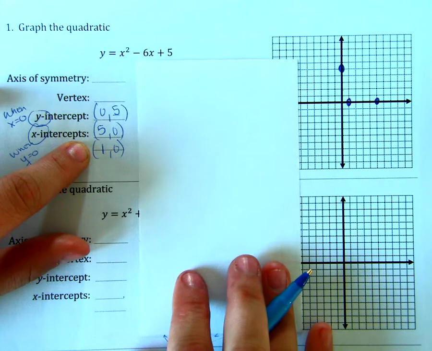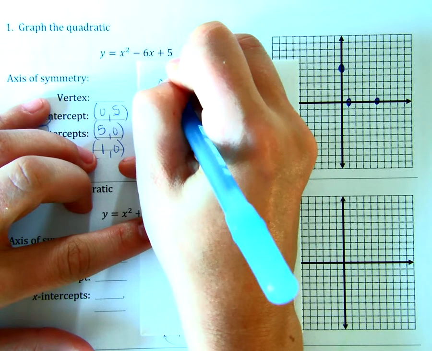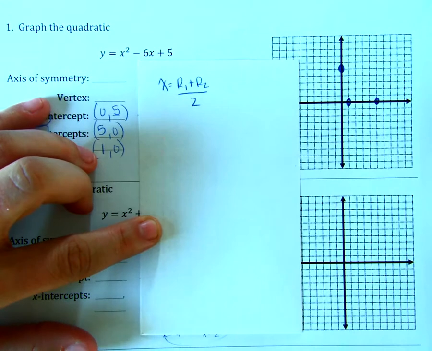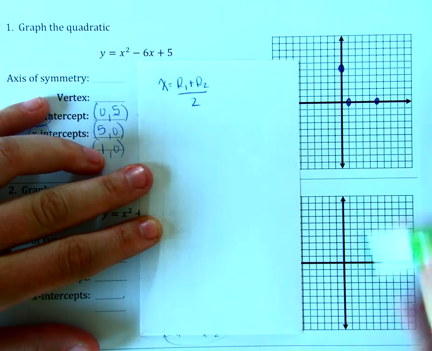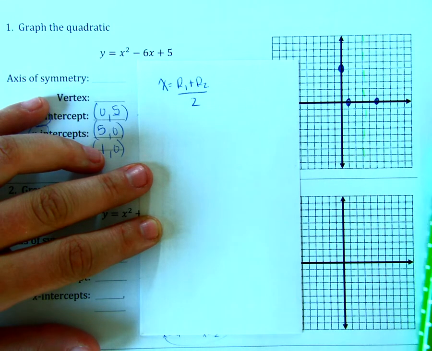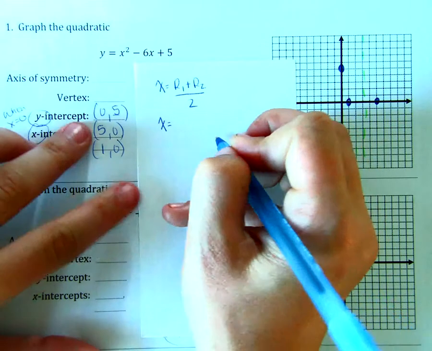So I'm going to go ahead and solve for my axis of symmetry. My axis of symmetry, I will take my roots and divide by 2 so I can find the middle. Technically, I could probably do that by just looking at it, but we're going to solve. Root 1 is 5.